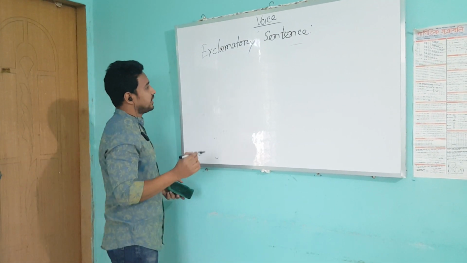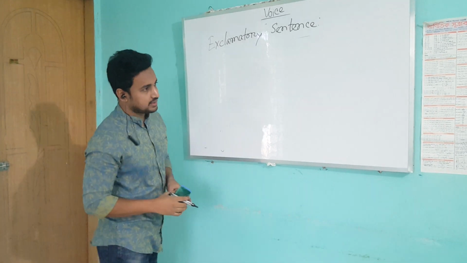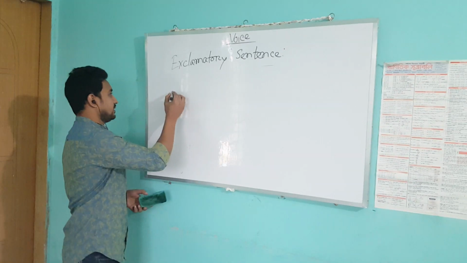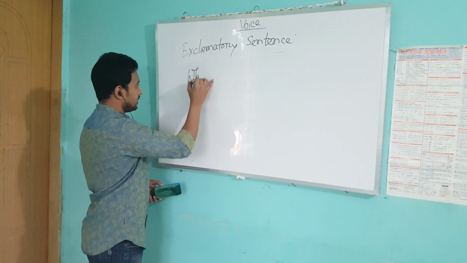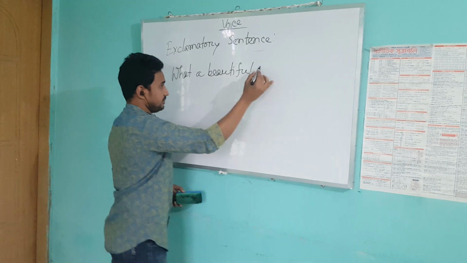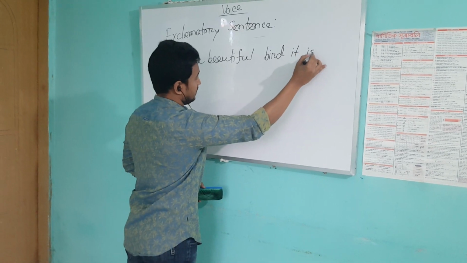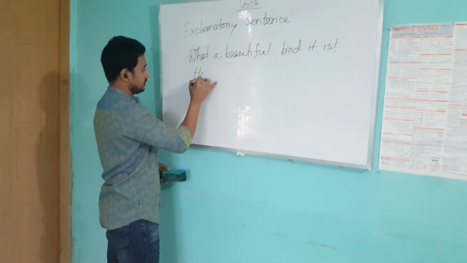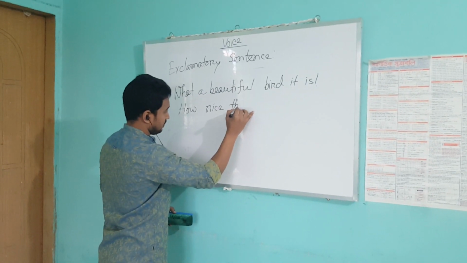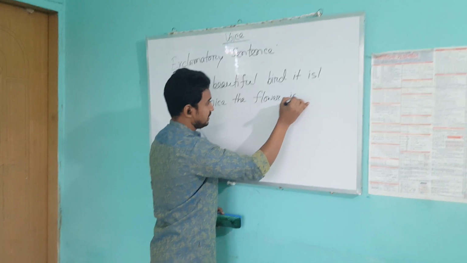It's also easy. If you have a note of exclamation at any part of a sentence, we can take it as an example of an exclamatory sentence, like "What a beautiful bird it is!" and "How nice the flower is!"